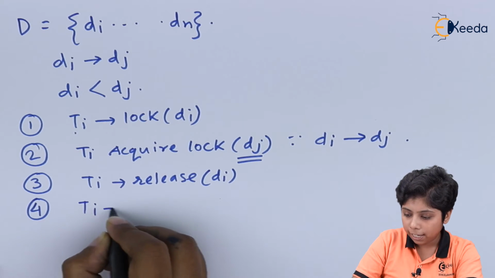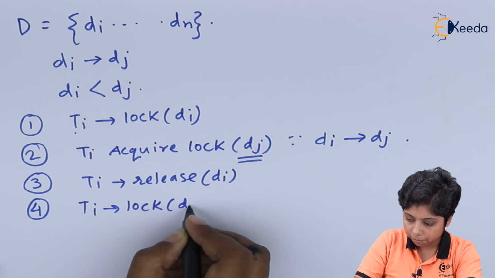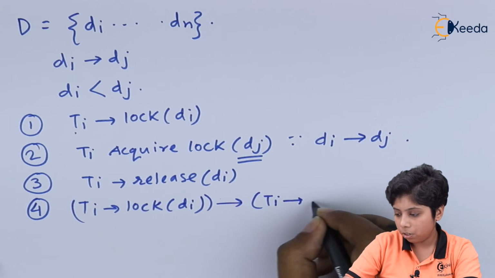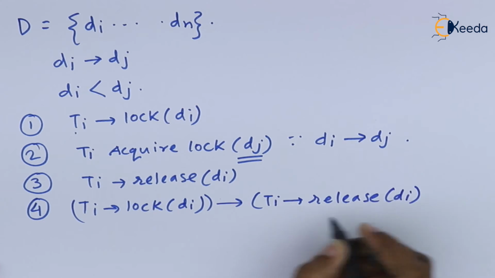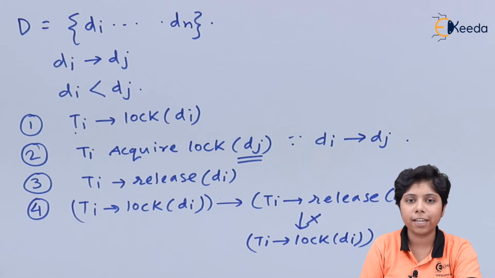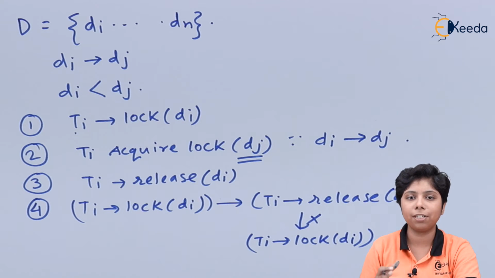So if Ti locks Di, followed by Ti releasing Di, then Ti cannot lock Di again. So if these four rules are maintained, then we define the tree protocol to gain an exclusive lock on a particular data item so that we do not reach a deadlock. All the legal schedules that we perform under a tree protocol are always conflict serializable.